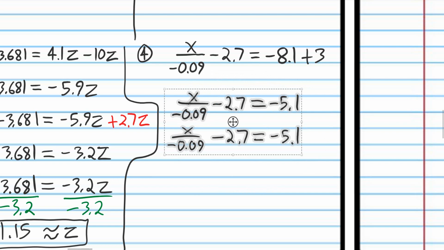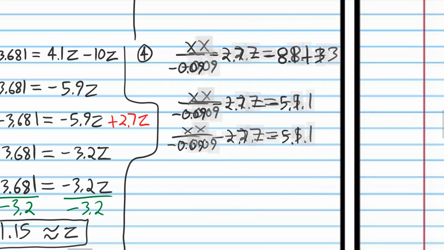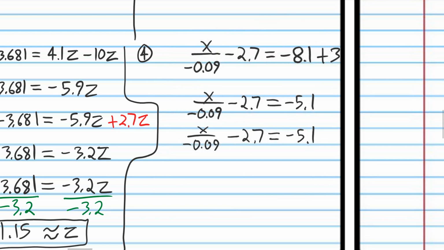And I'm going to need to move this over. So now I'm going to add 2.7 to both sides of the equation. And because we have a plus and a minus, it's probably best to put the fraction in parentheses.